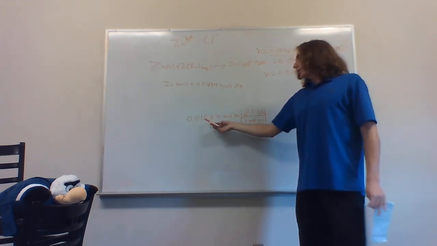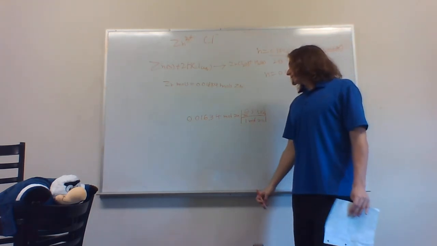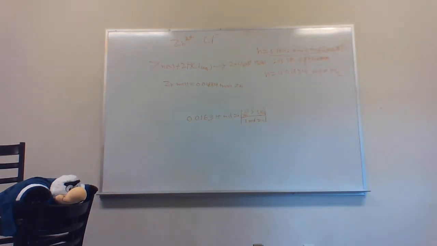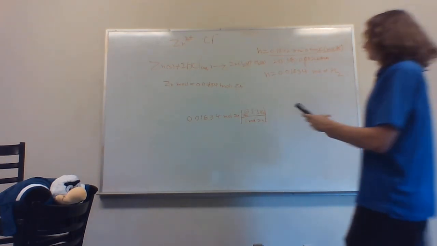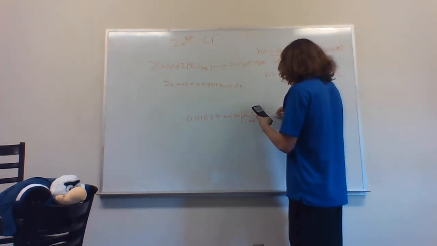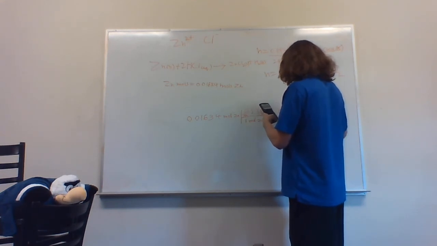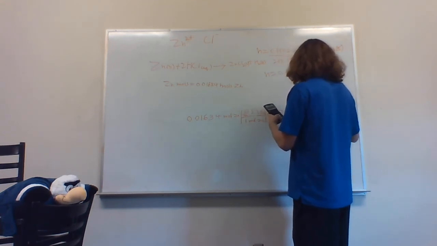So we multiply 0.0163 moles times 65.38, and this will give us our final answer. This gives us 1.068 grams of zinc.